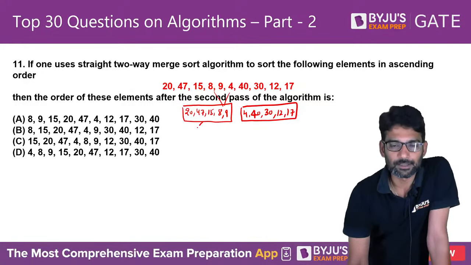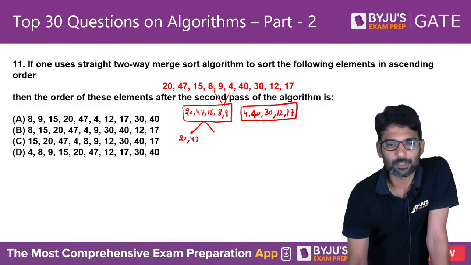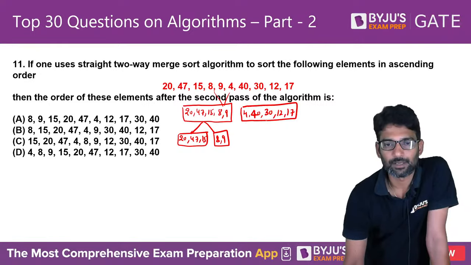These are further divided into 20, 47, 15 as one set, 8 and 9 as one set. Here in the same way, 4, 40, 30, 12, 17.